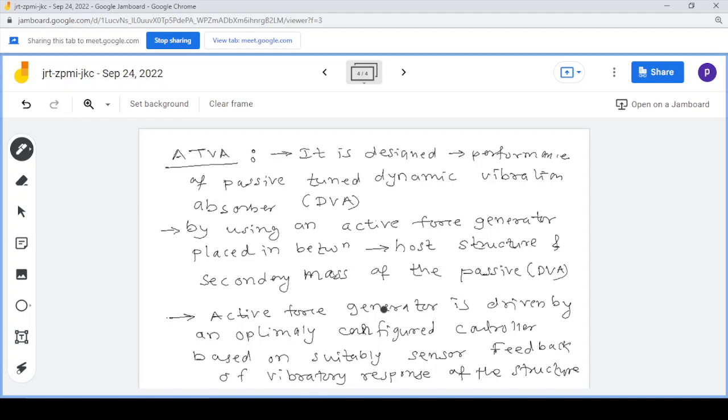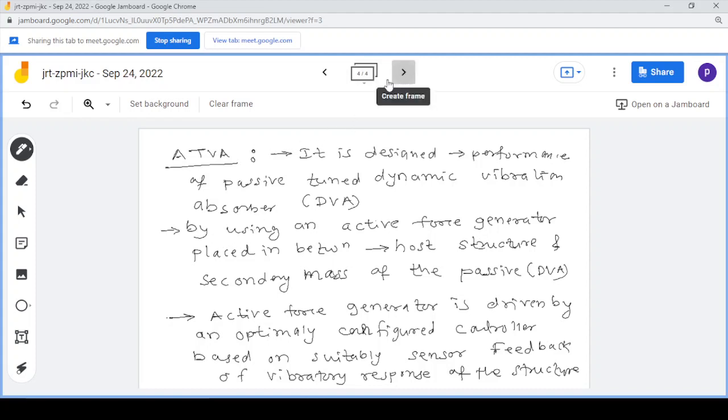How does the active force generator in the ATVA work? It is driven by the optimally configured controller, and this controller is working on the suitable sensor feedback, which is based on the vibratory response of the structure. Okay.